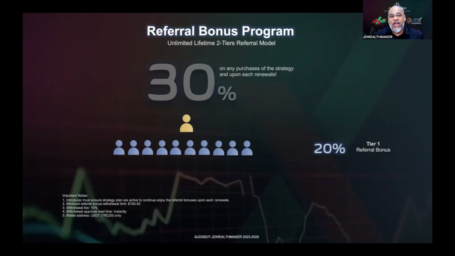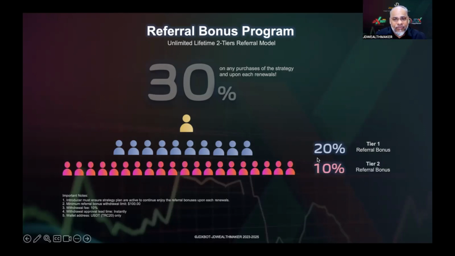Just imagine, you have 10 people directly under you. That is already $500. You could use that money to fund your trading account, or even withdraw it and use it for whatever purpose. Here you have one of the highest rates, which is 20%. And at tier 2, or level 2, you will enjoy another 10% from anyone coming in at your second level.